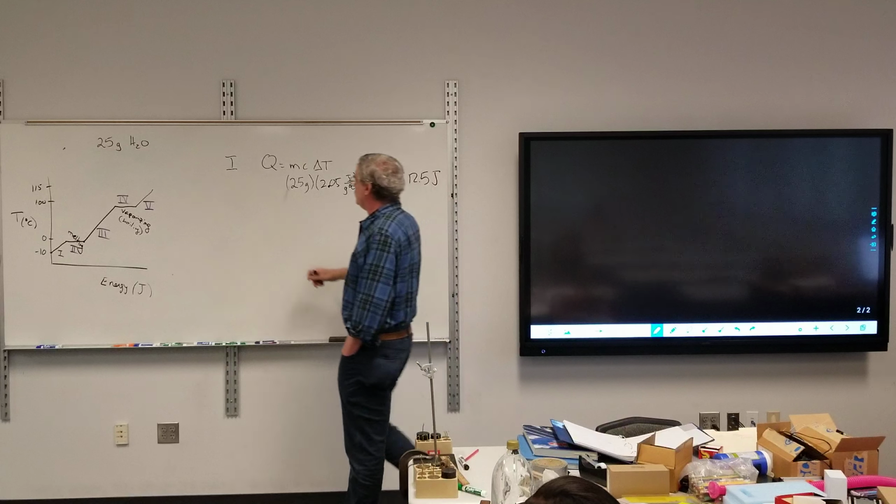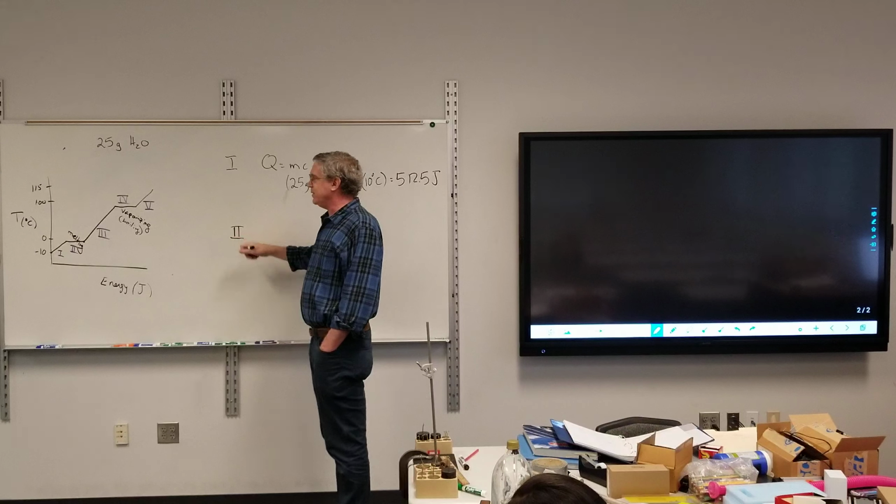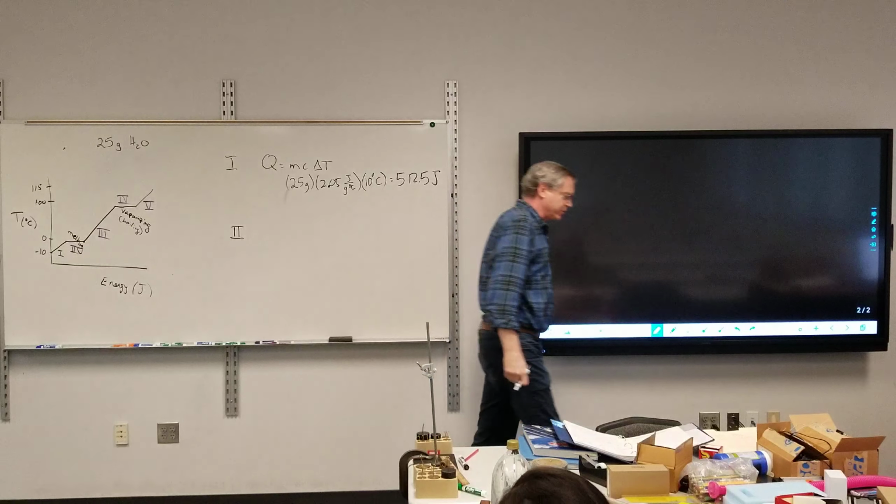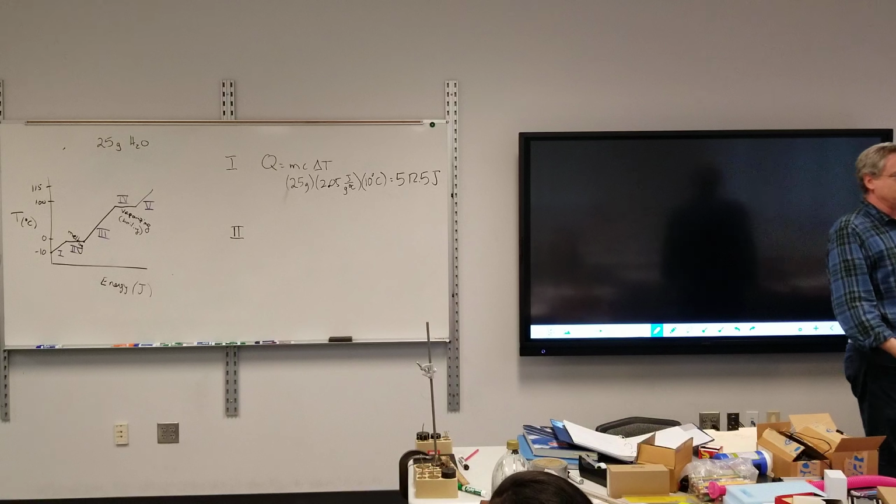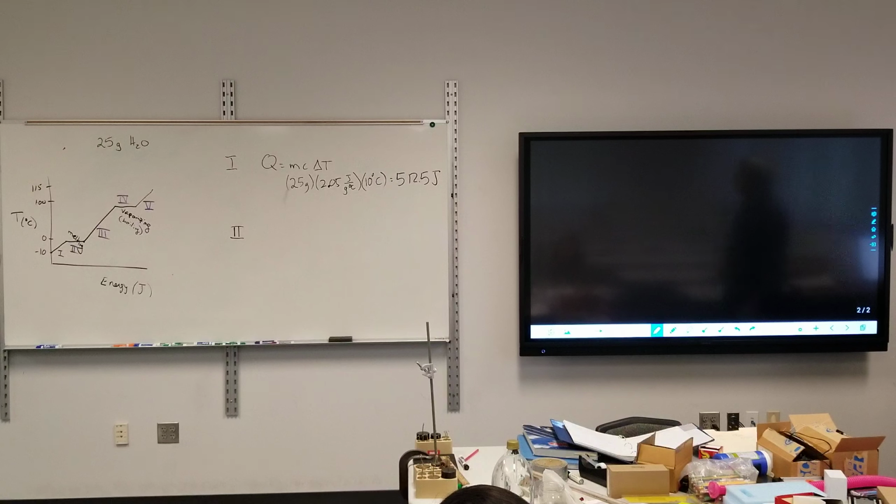All right, phase 2. Now I'm melting it. What is the formula for the amount of energy it takes in order to change the phase? More specifically, in order to change it from a solid into a liquid. It's another formula that starts with Q equals.